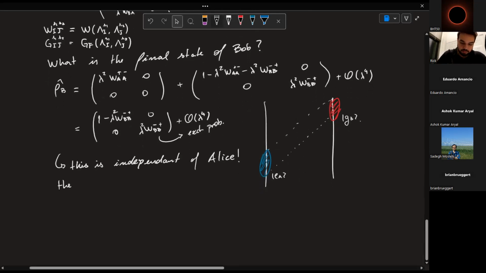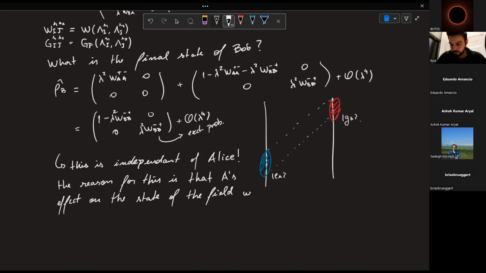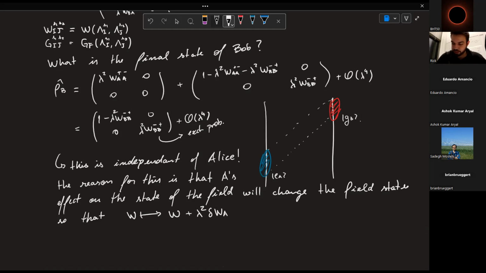And the reason for this is that A's effect on the state of the field will change the field state so that the Wightman function is going to change to a Wightman function plus lambda squared terms, a change that depends on Alice.